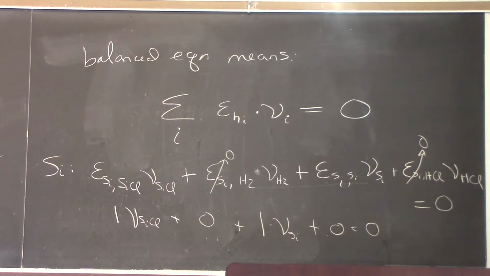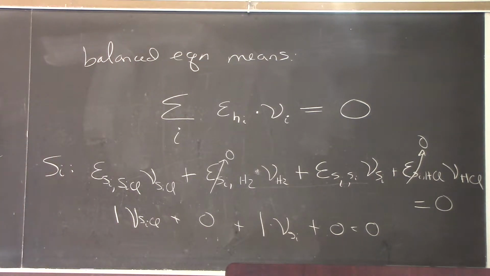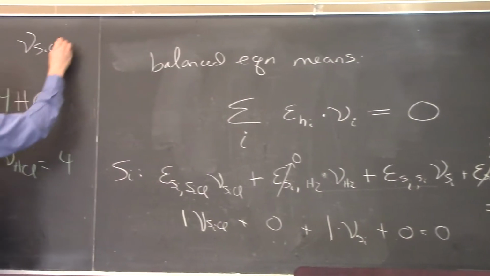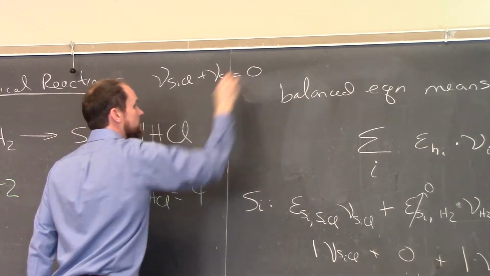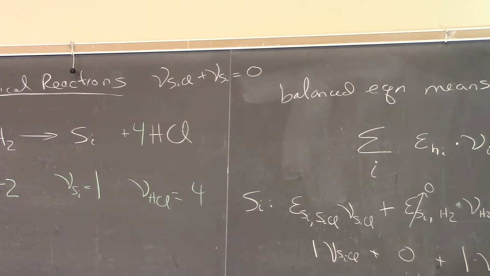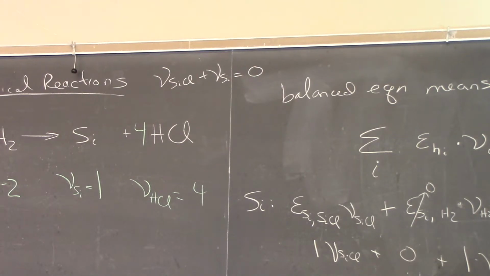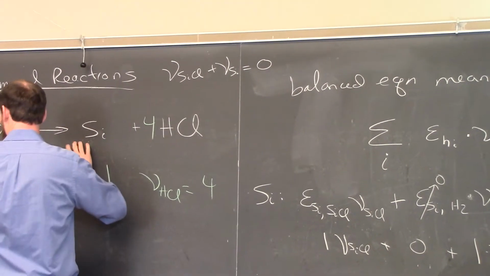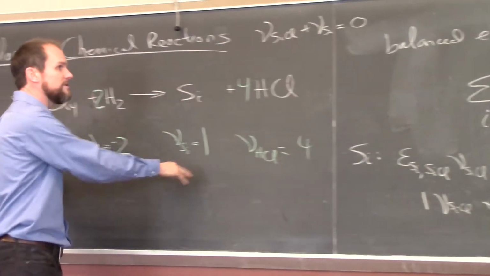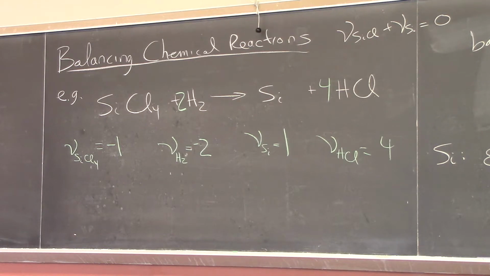So the equation I get out of this is nu SiCl4 plus nu Si equals 0. Does that match the solution we came up with earlier? The coefficients for silicon tetrachloride and silicon, -1 and 1, are consistent with that equation. It's actually not unique.